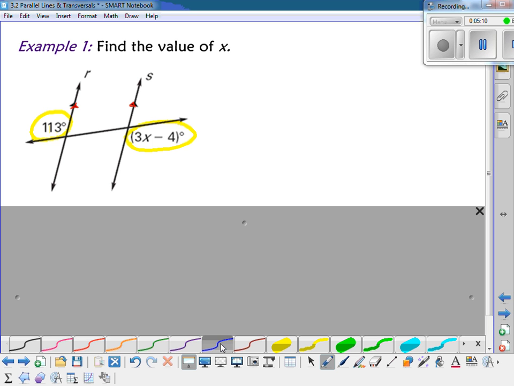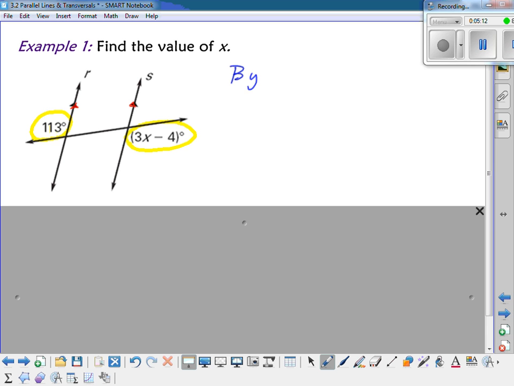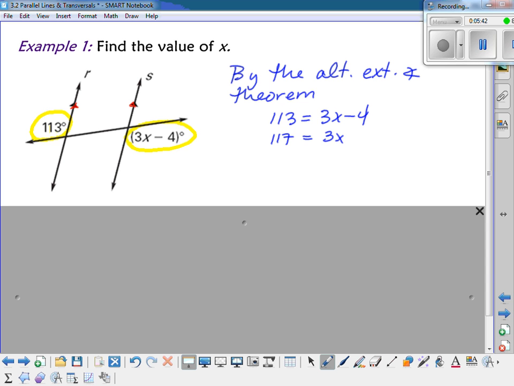So by the alternate exterior angle theorem, I know that 113 is going to have to equal 3x minus 4 because those angles are congruent to each other. So then you add 4 to both sides. You get 117 is equal to 3x. And then if you divide both sides by 3, you would get that x is equal to 39.